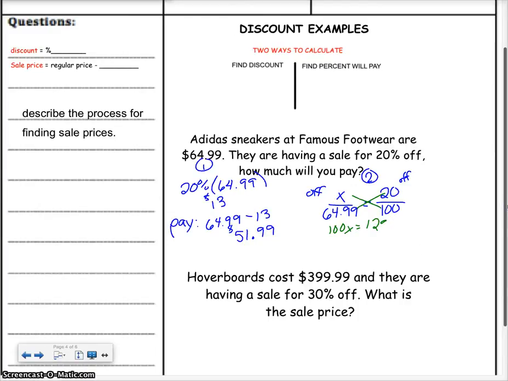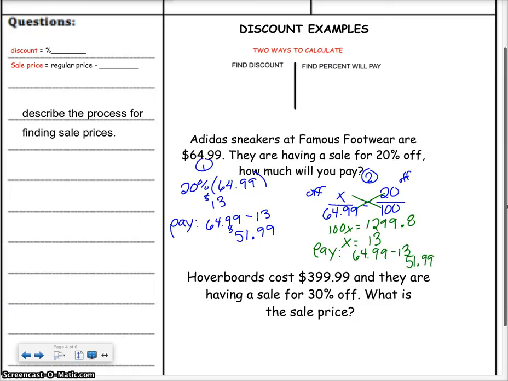So it's 1299.8. And then divide it by 100 and you get x equals 12.99. But I'm going to round it to that 13. Again, that represents the part off. So what I'm going to pay is $64.99, take away the 13, which is $51.99.